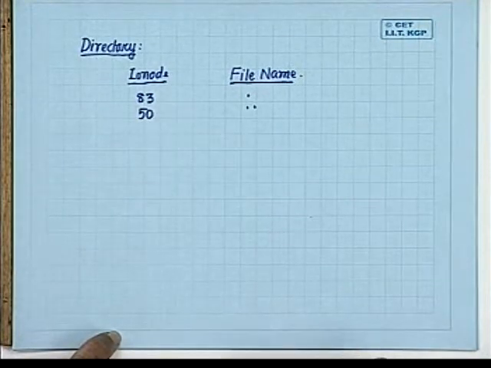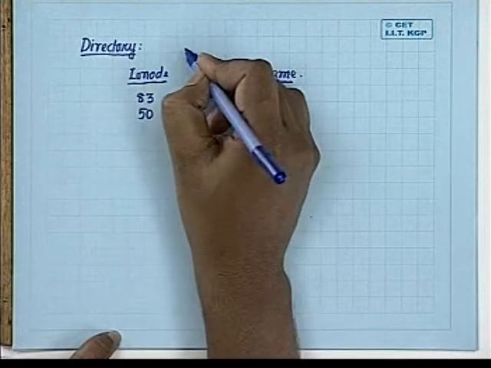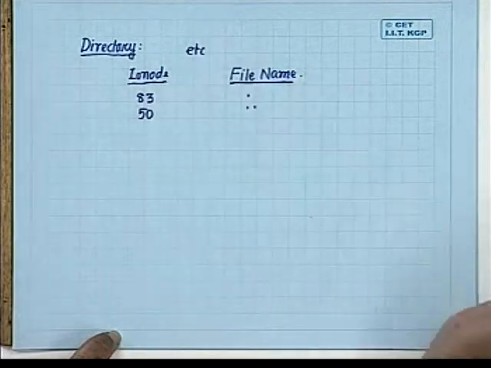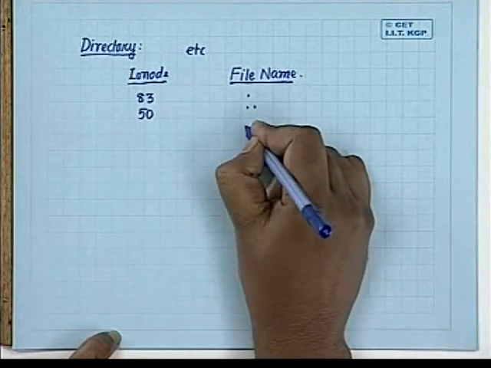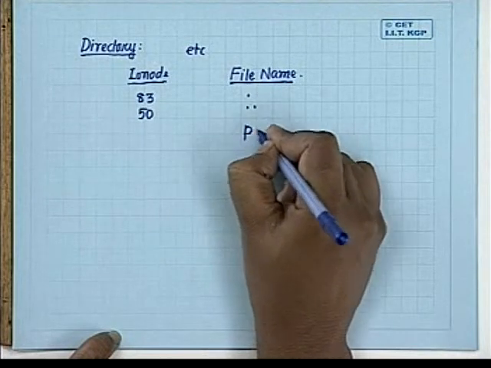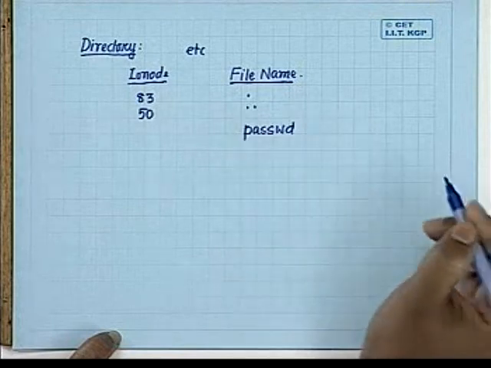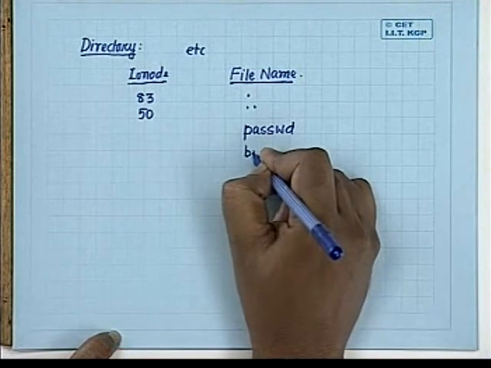And there will be other such entries. For example, if this directory is, say, directory etc, then there will be a number of entries. For example, a password file. There can be a subdirectory, say bin.